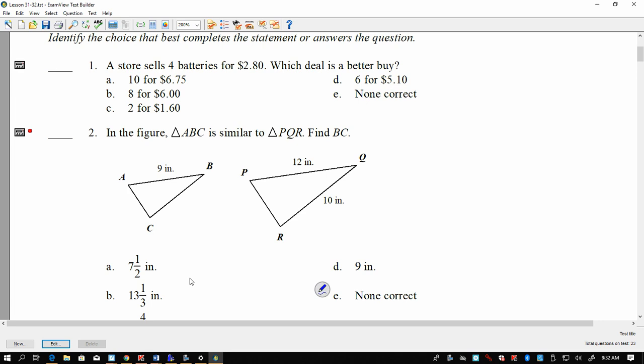Divide, right? We want to find dollars per battery, so we want to figure out what should go on top so we know what to divide by what. If we're doing dollars per battery, the very first thing I want to do is find out $2.80 divided by 4. Is that correct? What's $2.80 divided by 4?